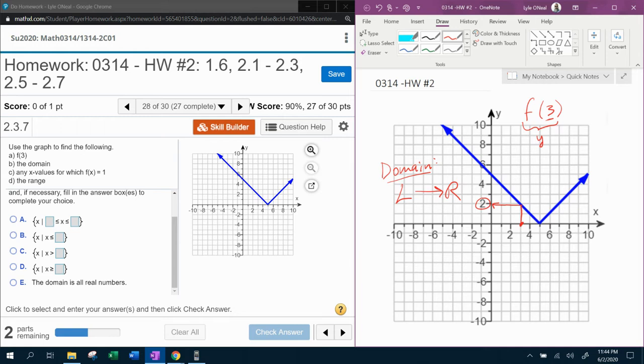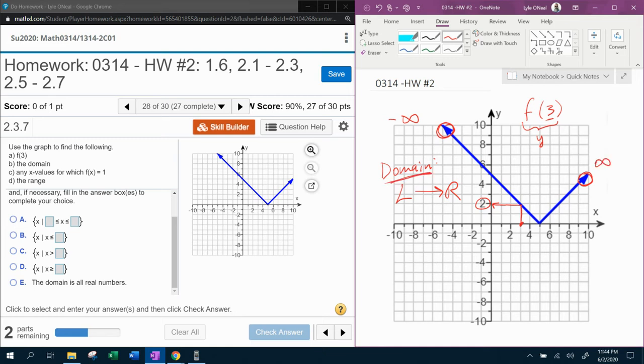Okay? So looking at the left, I can see that I've got an arrow, which means that this graph is going to go back to the left forever, which means it's going to go all the way back to minus infinity. I also see an arrow on this side, which means that graph is going to continue to keep going to the right to infinity.